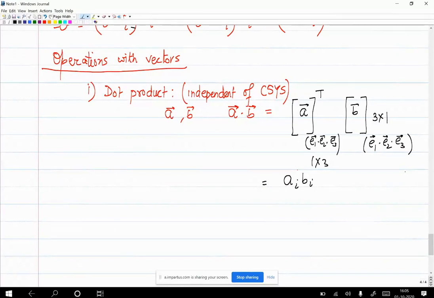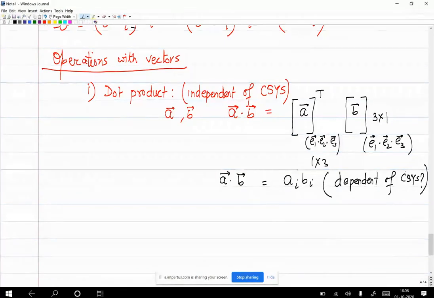so it seems like it depends on the coordinate system. So when I say A dot B is equal to AiBi, it looks like it is dependent on the coordinate system, isn't it? Why? Because the formula involves components of the vectors A1, A2, A3, B1, B2, B3, which are themselves dependent on the coordinate system.